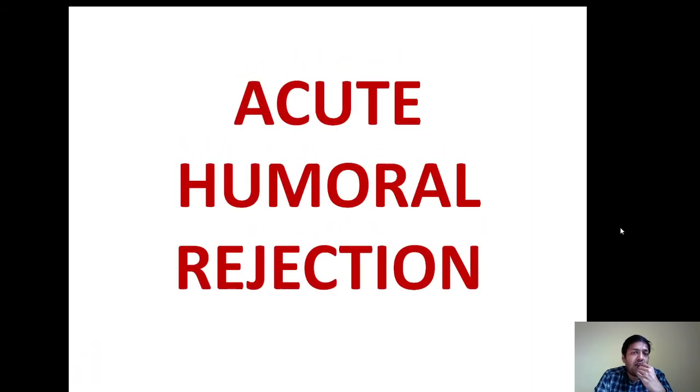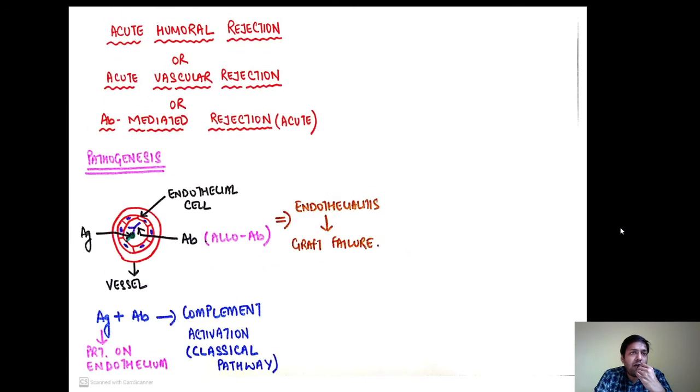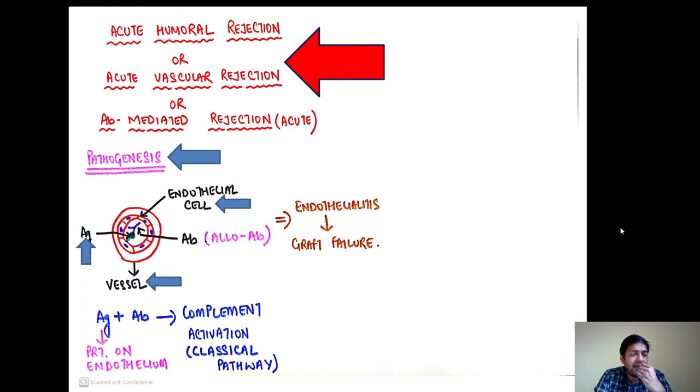Okay, now we are going to see about the acute humoral rejection. So acute humoral rejection, if you see, is also called acute vascular rejection or antibody mediated rejection, which is acute antibody mediated rejection. So if you see, the pathogenesis again is very simple. So here we are having a vessel, and the inner lining is the endothelium. Now here there are certain antigens, that is the MHC antigens present on the endothelial cells.